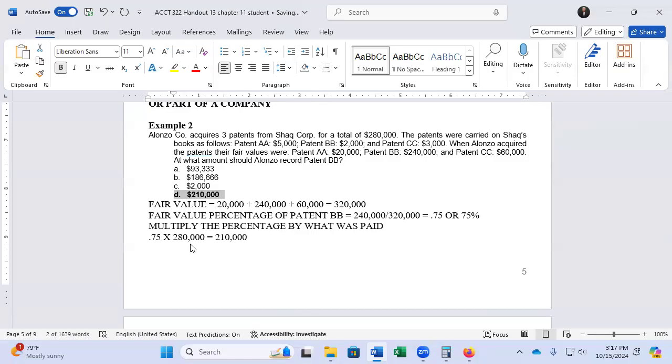Any questions there? Yes. Acquires the 3 patents from Shack for a total of 280,000.